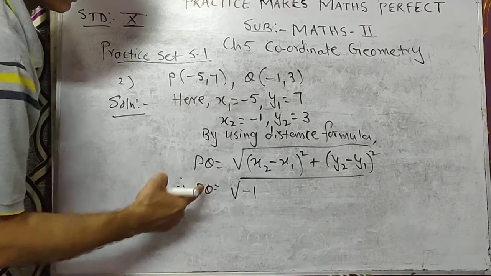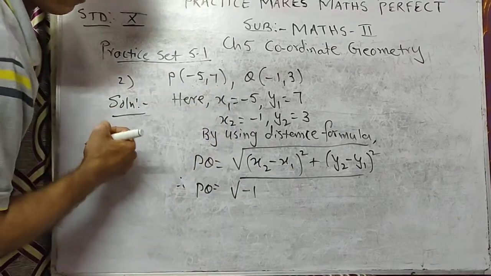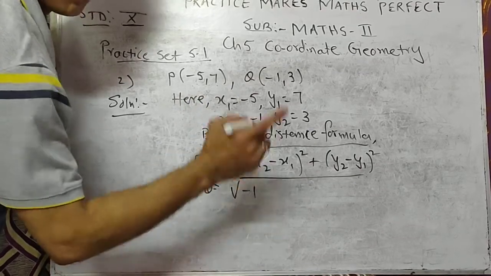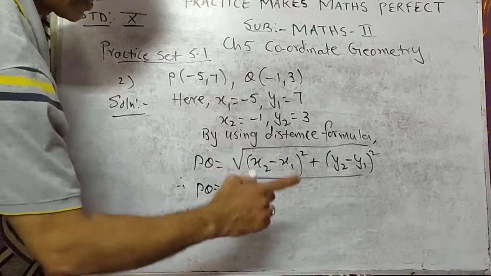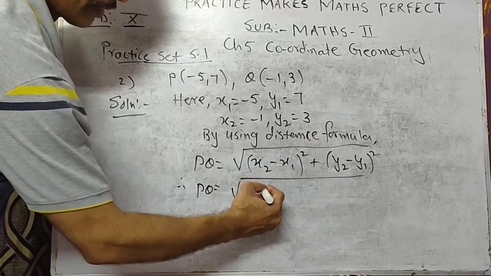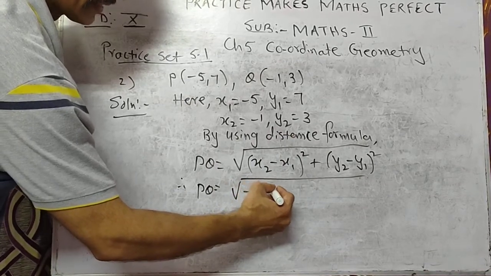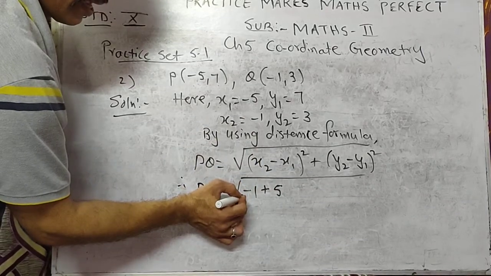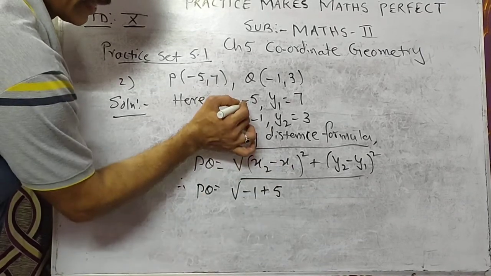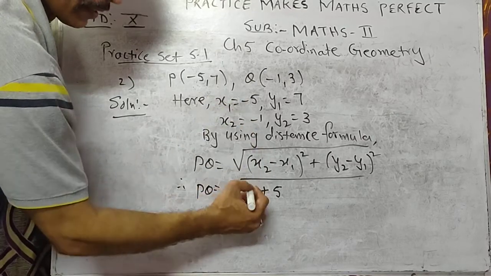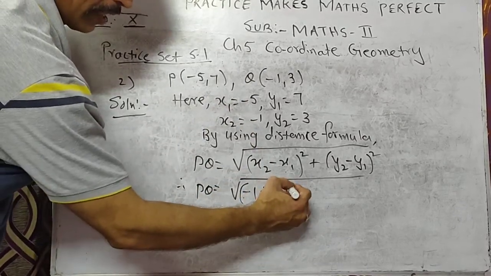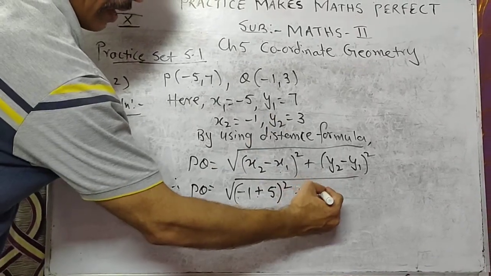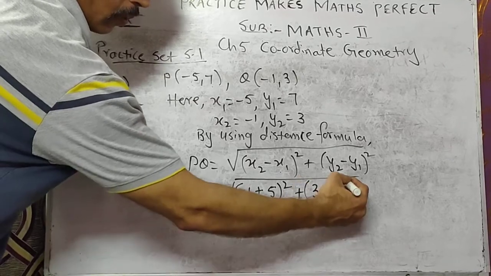So this minus and this minus will become plus. Minus minus becomes plus, so directly I am writing plus 5. x2 minus x1 the whole square plus y2, 3 minus 7, the whole square.